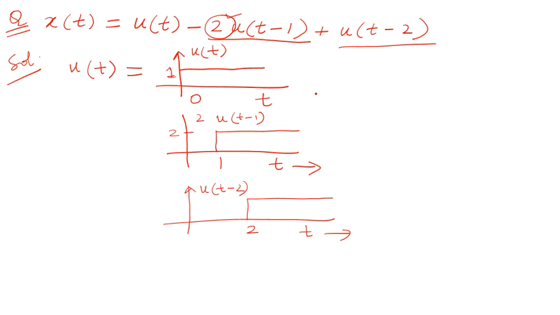Okay, so the problem states that the middle signal should be subtracted from the upper signal and it should be added to the last signal. So this is your problem. You can do it in steps or you can do it directly, whatever you want.